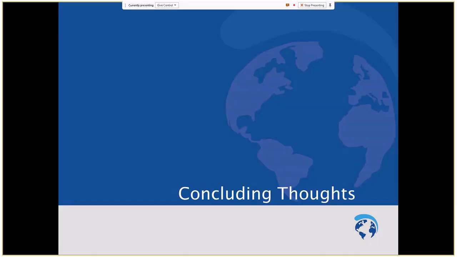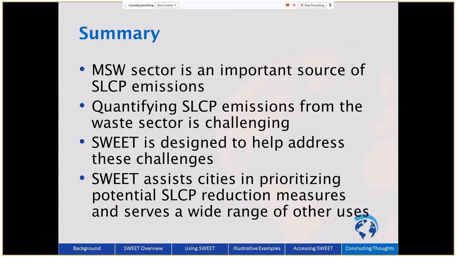A few concluding thoughts. As I said before, the waste sector is an important source of SLCP emissions, particularly methane and black carbon. Quantifying these emissions can be challenging for a number of reasons, especially lack of activity data, limited emissions factors, and again, the complexity and uncertainties involved in performing these calculations.